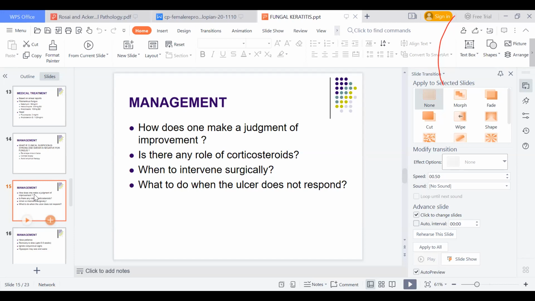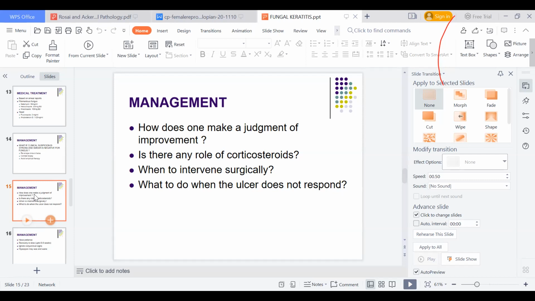A word about endothelial plaque and hypopyon, because we were discussing hypopyon, its height, and when to intervene or not. One has to remember that as the ulcer starts responding to the medical treatment, the endothelial plaque starts liquefying, and it will settle because of gravity in the form of hypopyon.